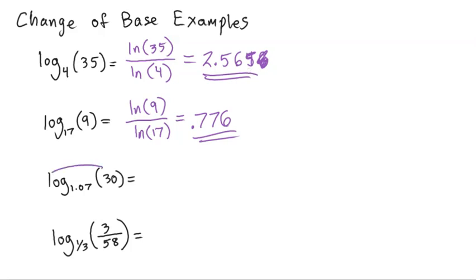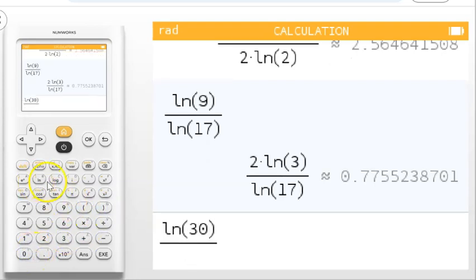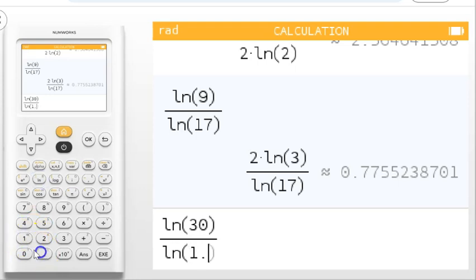Okay. All right, let's try this one now. Log base 1.07 of 30, so that'll be the natural log of 30 divided by the natural log of 1.07. We'll go over to our calculator here. We'll key in natural log of 30 divided by the natural log of 1.07.